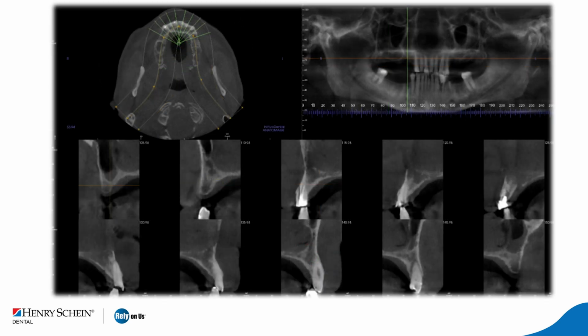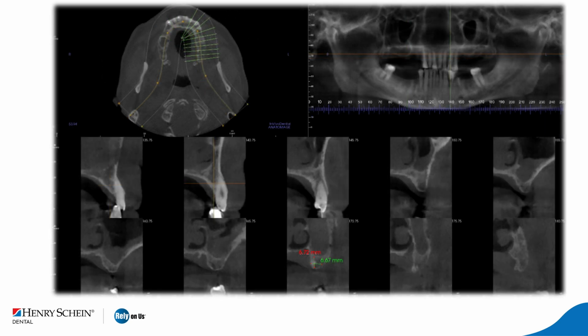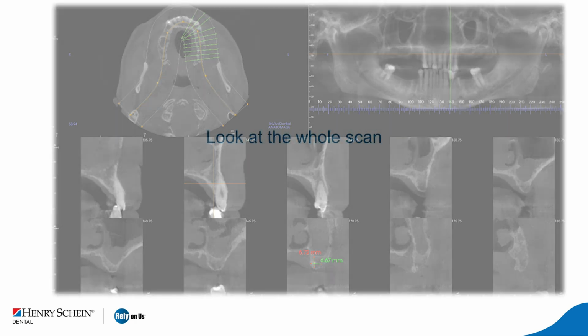And you'll see also, if you look carefully, that there is measurement in the anterior area, to assess the amount of bone available there for the future implant sites. And then same thing on the posterior maxilla. So some measurements were made.